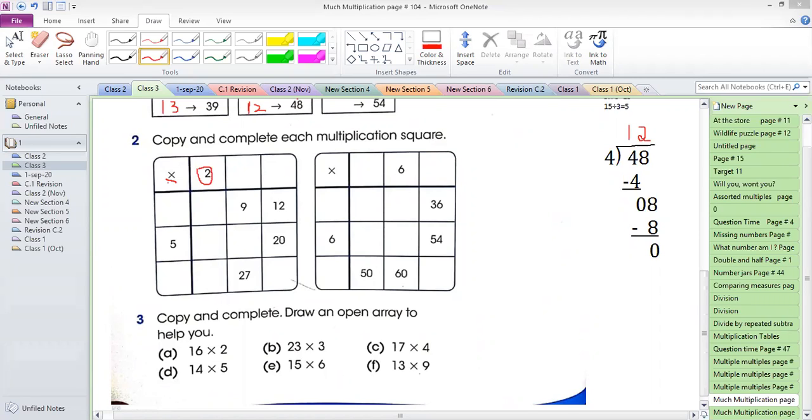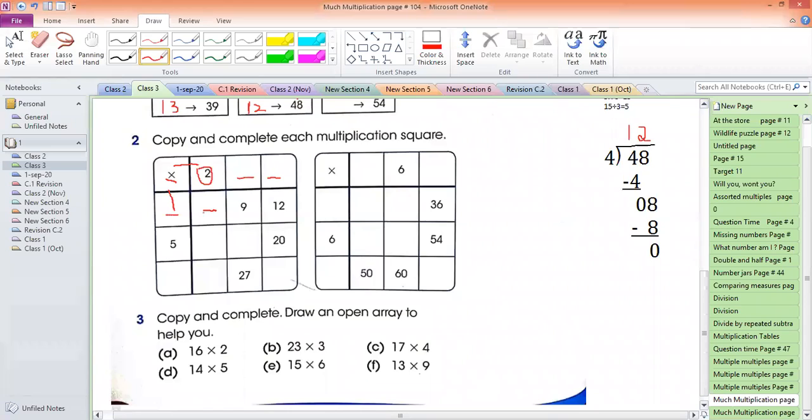This is the multiplication sign, guys. What you have to do here, there are some numbers. You have to find out the missing numbers. If you find out this number, you multiply this number by this number, and you will find out the missing number here.